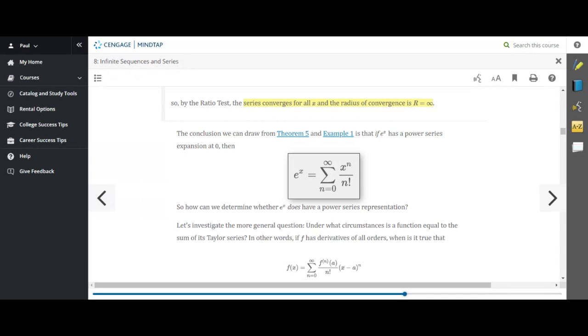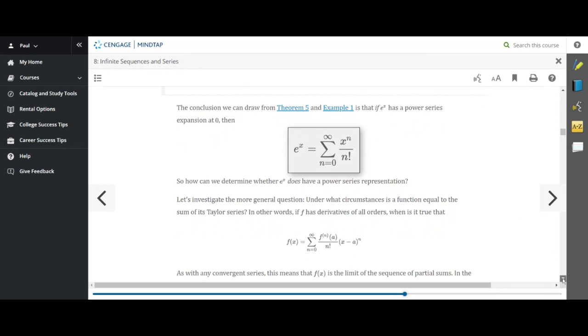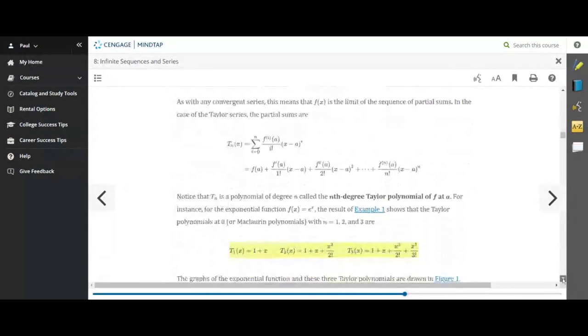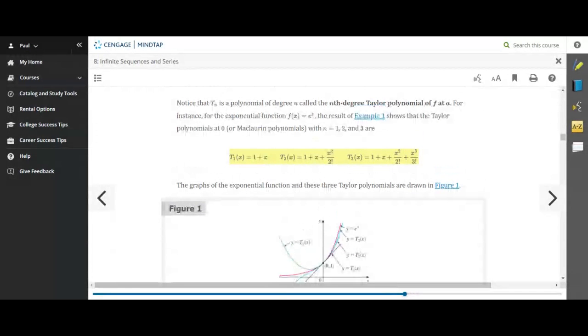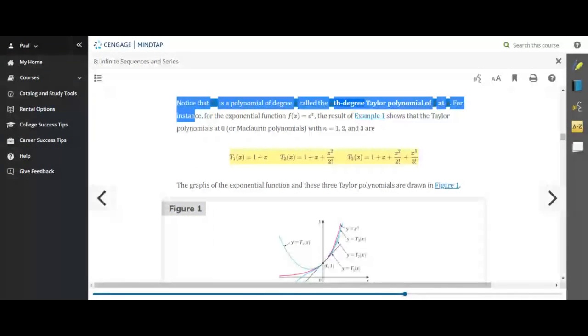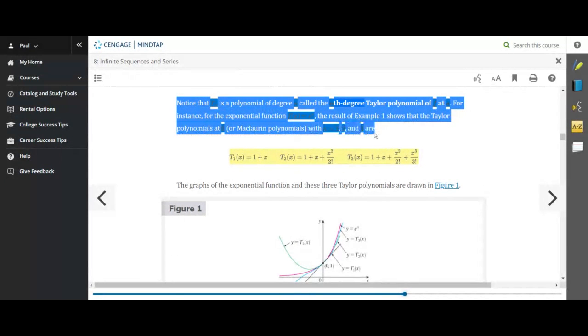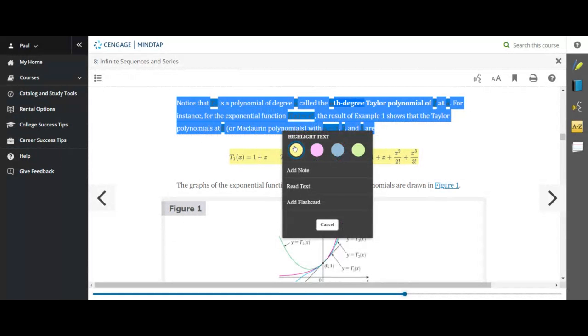And the interval of convergence is actually going to be from negative infinity to infinity. But they do something interesting here, something that will come up in section 8.8 actually.